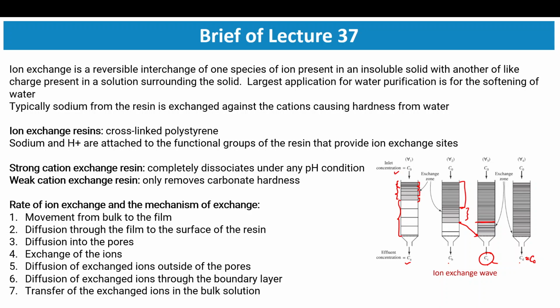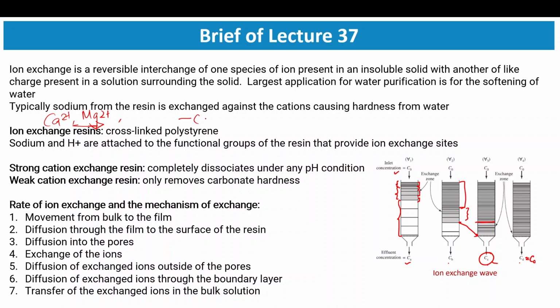So for example, these cations include calcium mainly, magnesium, and to some extent other divalent ions or bivalent ions which can cause hardness. So these ions are exchanged with ion exchange resin, and these ion exchange resins are nothing but polymeric compounds which have functional groups on them.